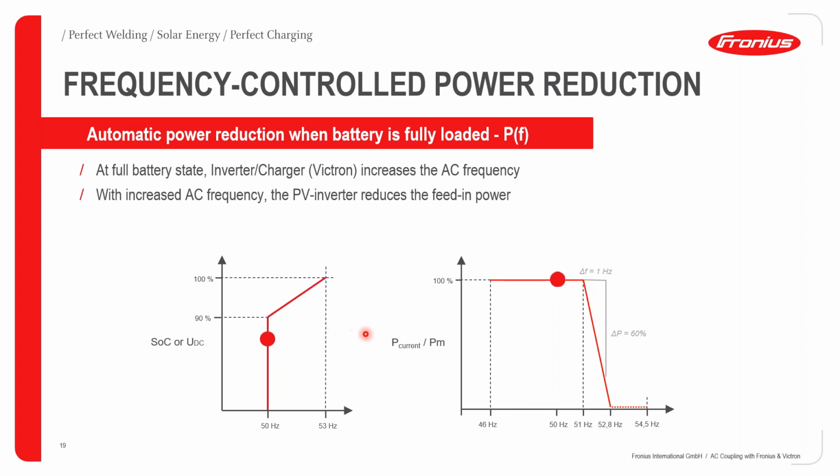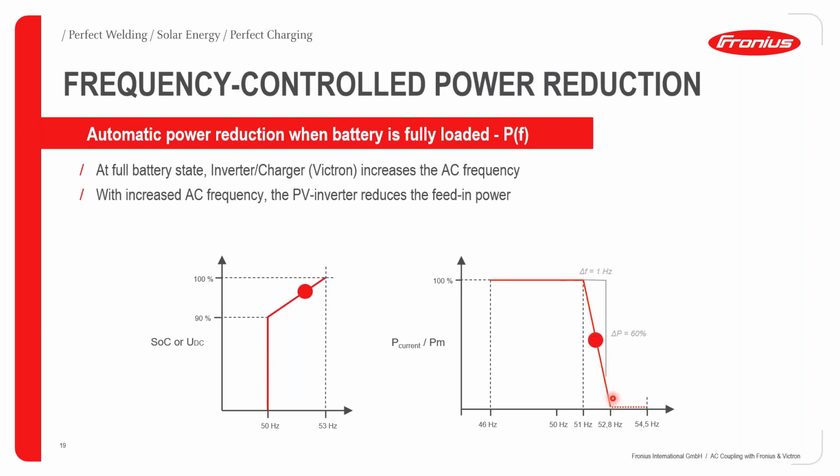As you can see, as the battery reaches 90% SOC, the battery inverter will start increasing the frequency, and with every step of increase in frequency, the Fronius inverter starts to reduce the power output.